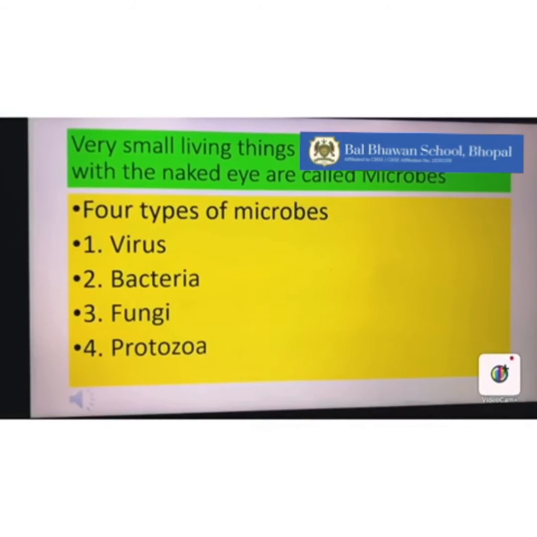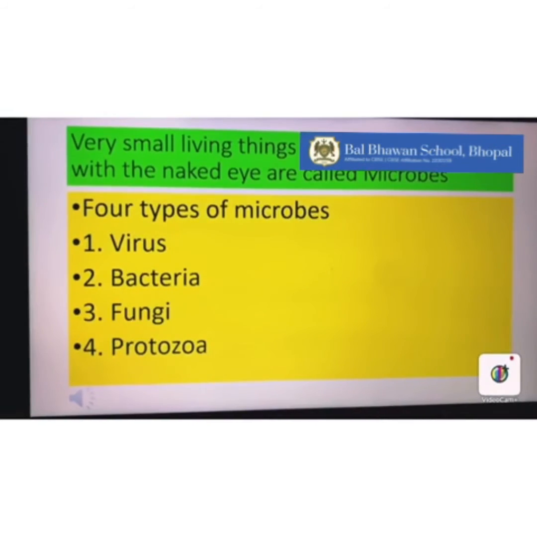Microbes or microorganisms are very small living things that cannot be seen with our naked eye. As they cannot be seen with the naked eye, there must be some instrument which can be used to see them, and that instrument is called a microscope.